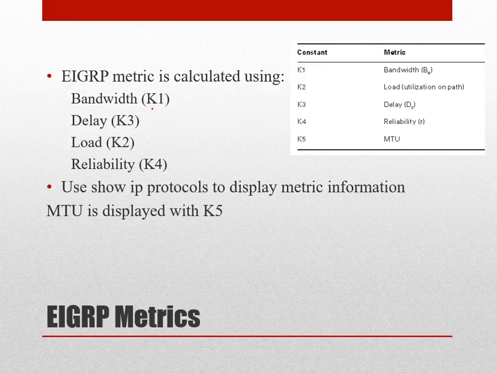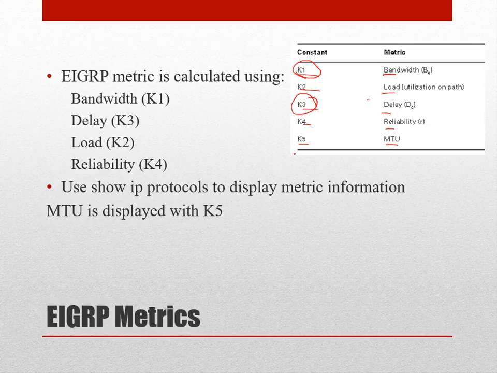I alluded to the metrics earlier, K1, K2, K3, K4, K5. A table here: K1 is bandwidth, K2 is load, K3 is delay, K4 is reliability, K5 is MTU, maximum transmission unit. It actually only uses K1 and K3, and we'll look at that when we do the demo.